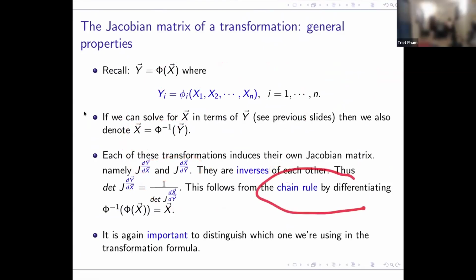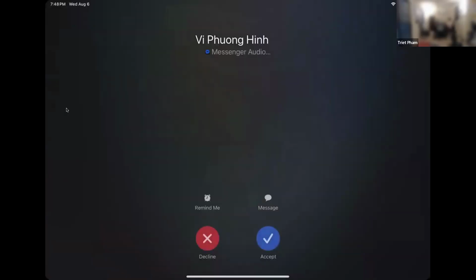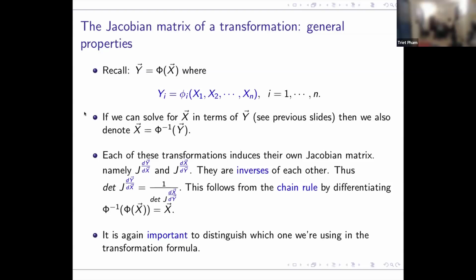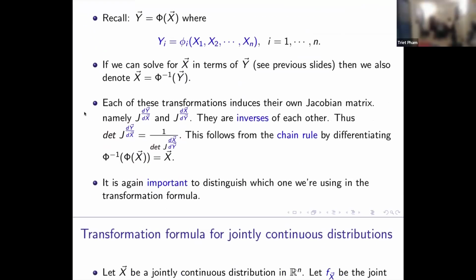That can be derived by the chain rule, a multivariate chain rule, and the determinant will be 1 over the determinant of the other, by the inverse property. Any question about this? So this is just basically the general result that we've been talking about.